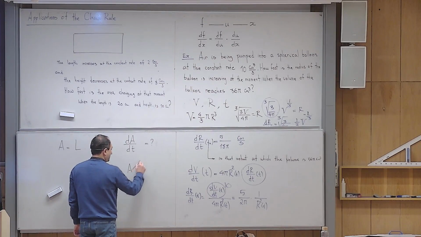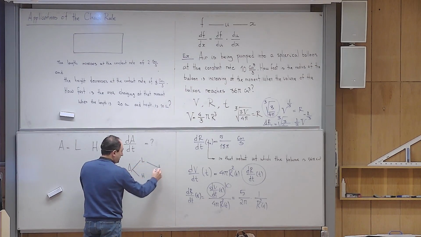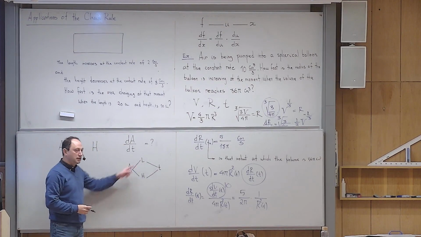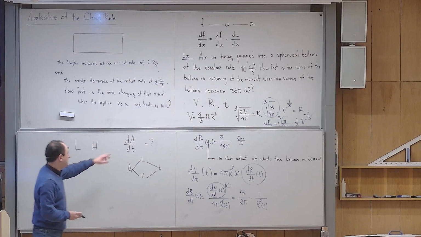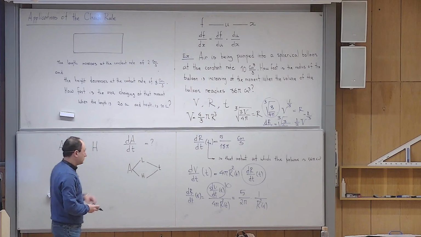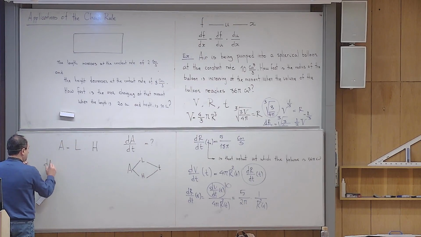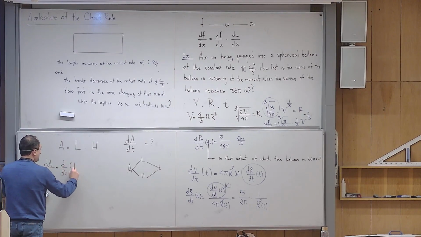A depends on two quantities, but L depends on t, H also depends on t. So it means that finally A is really a function of time. Yes? So this is meaningful to ask. So what we do here, I take the derivative of A with respect to time. Be careful about that. So I have to take the derivative of the right-hand side with respect to t as well.